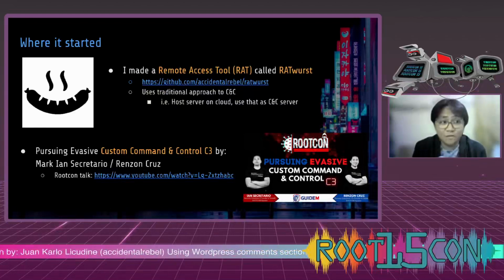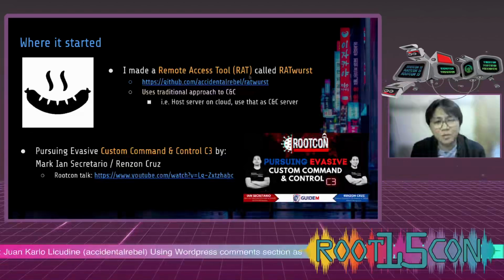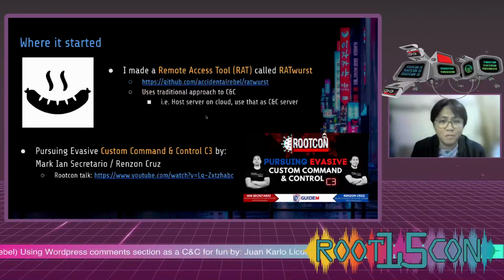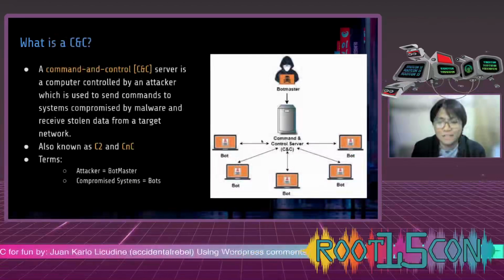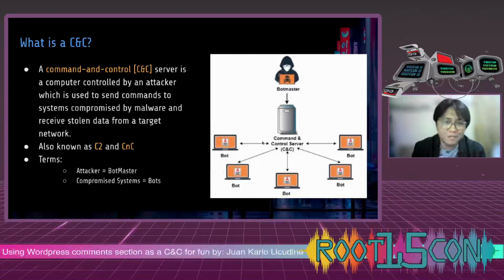This one has a lot of legitimate uses, but it is also used by threat actors for malware and for external access. And when I made this tool right here, I used the traditional approach to CNC, which is what I showed you a while ago. I have a server, and this is the server that serves as the communications channel for the bots and the bot master.